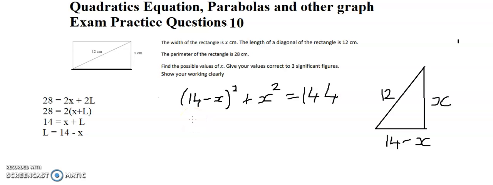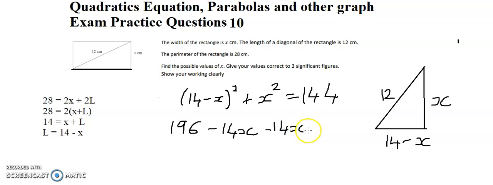Now I just need to expand my brackets. So the first thing is 14 times 14, which is 196. 14 times negative x, which is negative 14x. Negative x times 14, which is negative 14x.